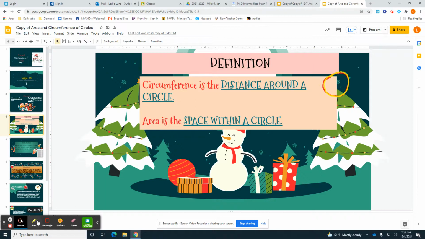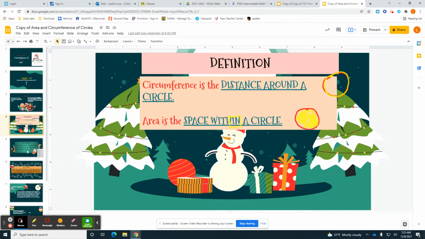And then for area, it says area is the space within the circle. With area, remember you have a circle and it's the space within the circle. In is important for you to know. It's inside your circle. So area is the inside of your circle. And circumference is the part that goes around.